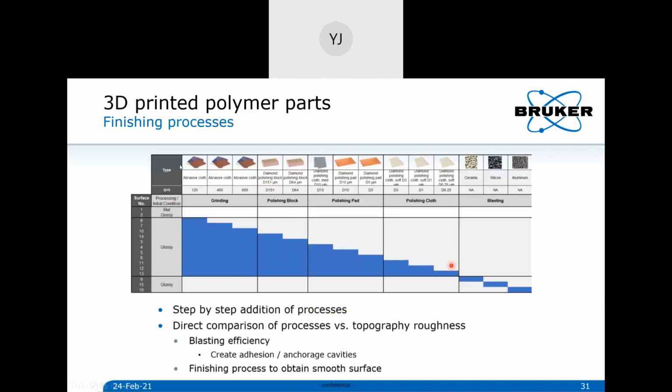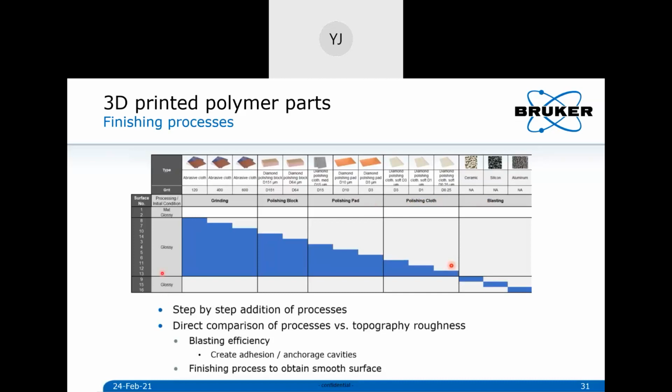The blocks that you see here, different ones go through different steps. Some of them are just polished and ground with abrasive cloths, different grits like 120, 600 grits, and some go through polishing, like diamond polishing, and some are polished with polishing pads and polishing cloth, and some are blasted, right?